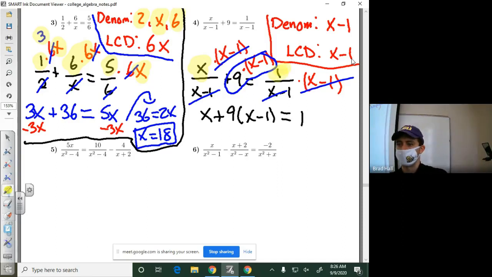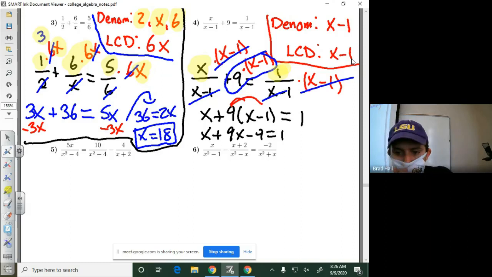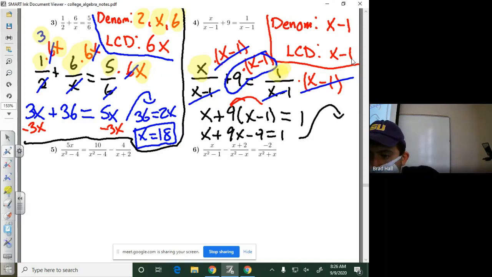You're left with 1. But from here, we can distribute. So I see that 10x is equal to 10, that x would be 1.